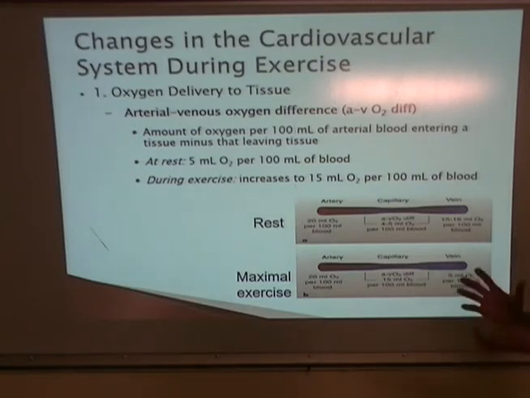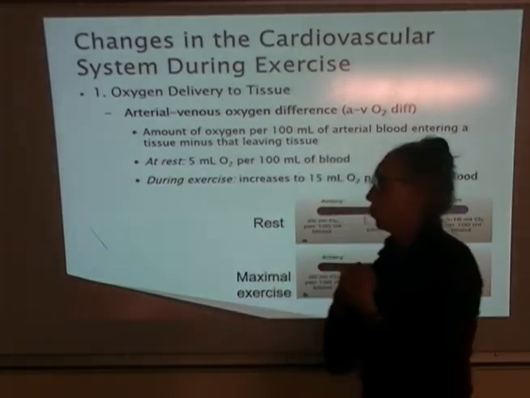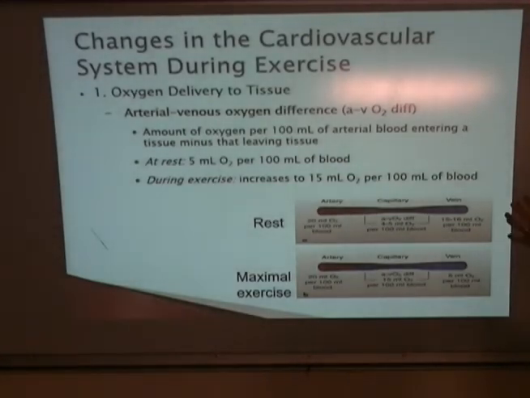All right, so what happens in the cardiovascular system when we're being physically active? The first thing that the chapter talks about is oxygen delivery to the tissue. What's the change in oxygen delivery and how does that occur?